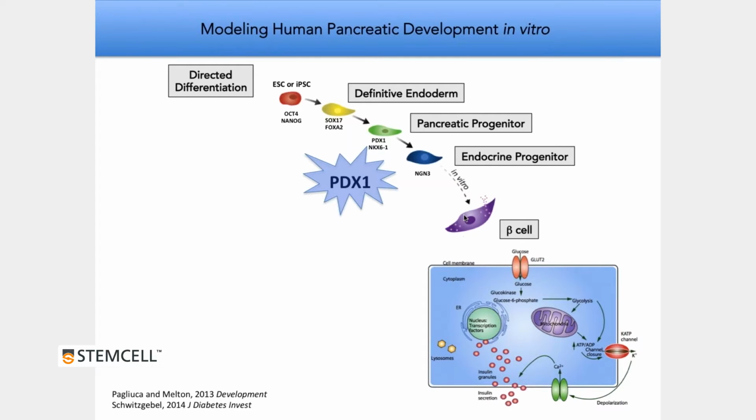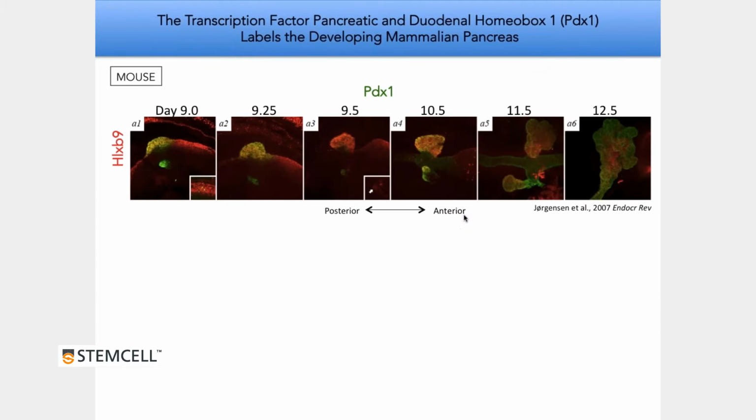And by far one of the most interesting transcription factors, and maybe the most famous one involved in this process, is PDX1. PDX1 labels the developing mammalian pancreas, and it encodes a homeobox protein, a transcription factor. You can see in these images from the mouse embryo, going from left to right, immunofluorescence images of the developing pancreas from day 9 of gestation to day 11.5.